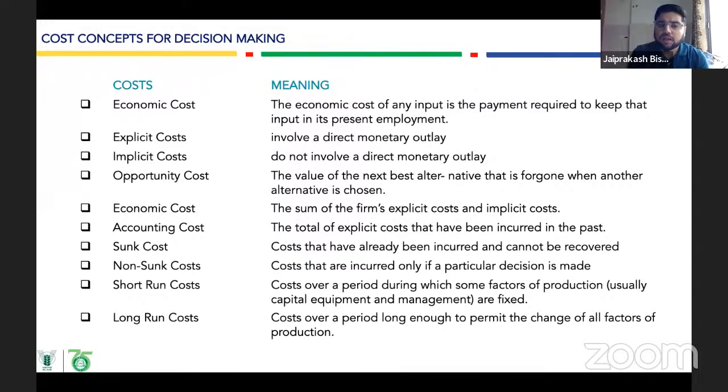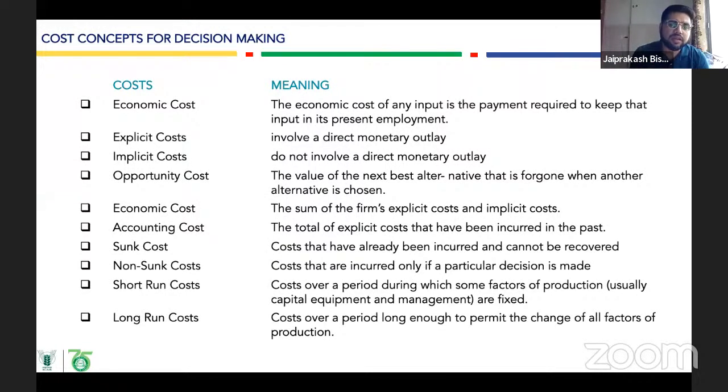So that is called accounting cost, and it can be verified by someone else. For example, there is some clerk in the firm who is maintaining all the records of the cost, but that account will be verified by someone else, maybe some managerial or administrative person in the firm. So that is only for accounting purposes.